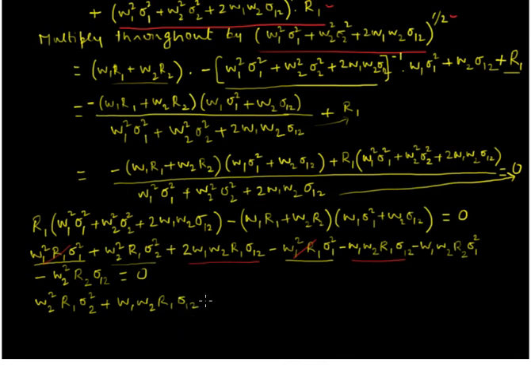What else do we have? We have this term here, which is W1 times W2 times R2 times variance of 1.